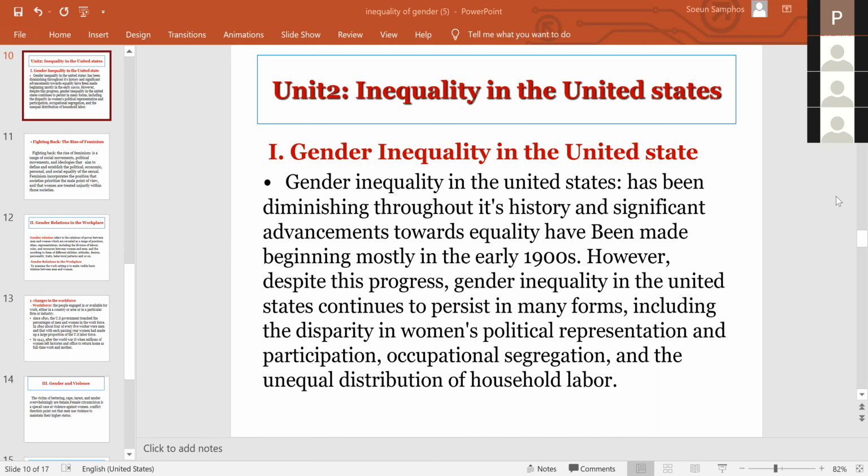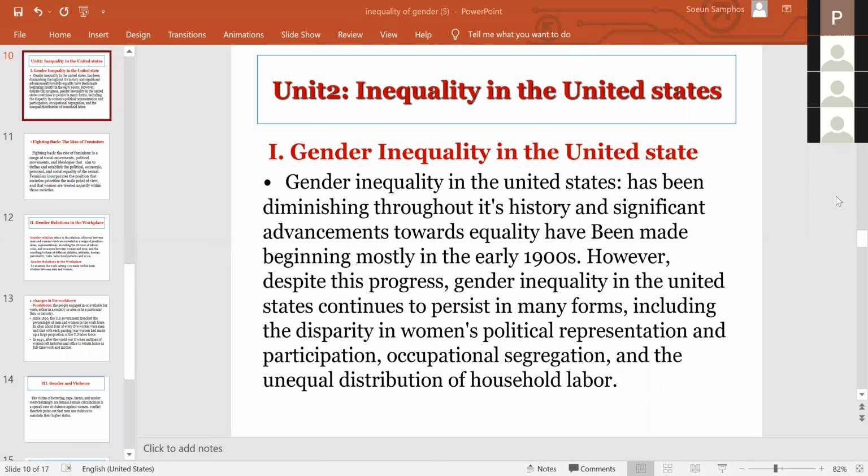However, despite this progress, gender inequality in the United States continues to persist in many forms, including the disparity in women's political representation, occupational segregation, and the unequal distribution of household labor.